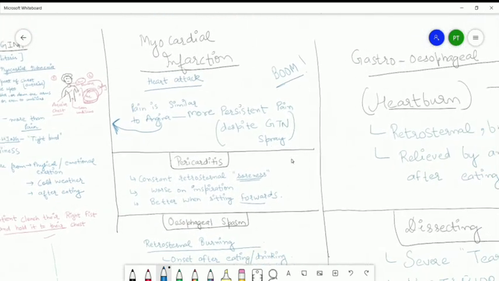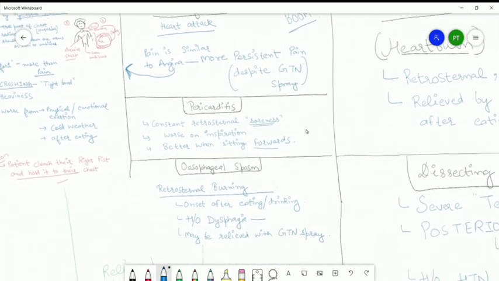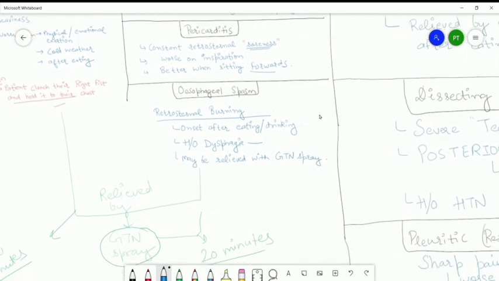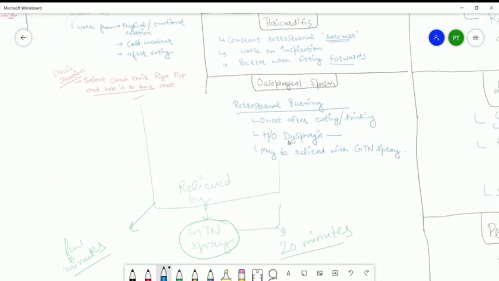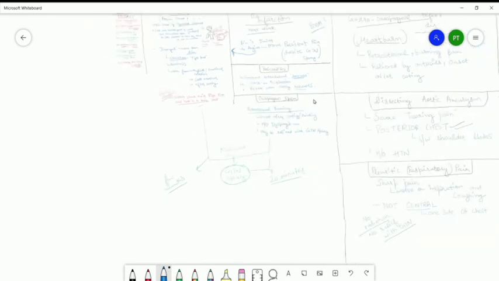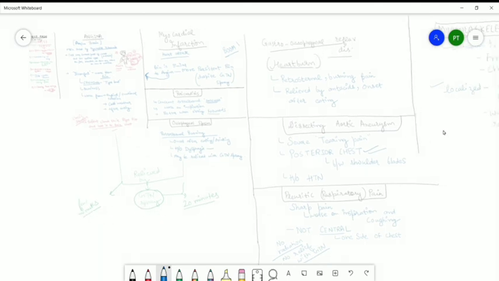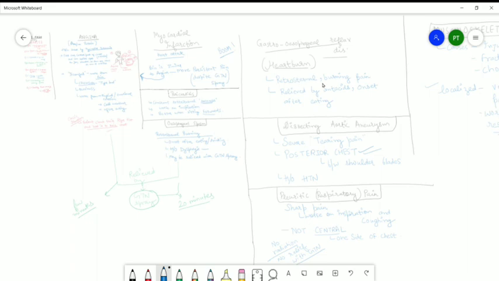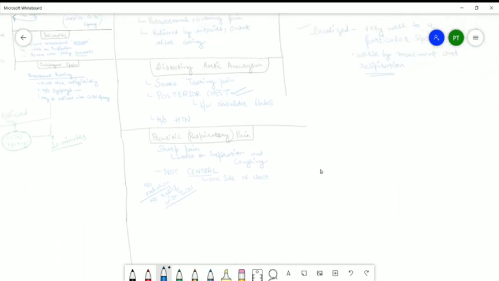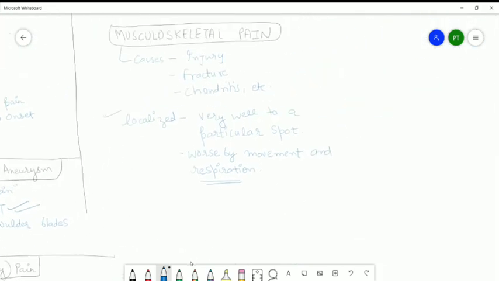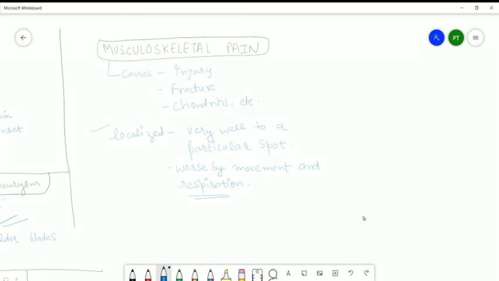Then we have myocardial infarction, pericarditis, esophageal spasm, and here we have gastroesophageal reflux disease or GERD, dissecting aortic aneurysm, pleuritic pain, and musculoskeletal pain.